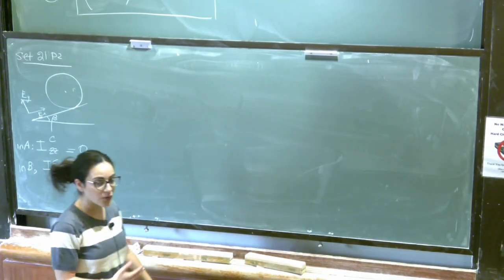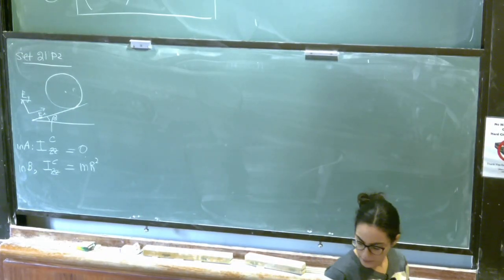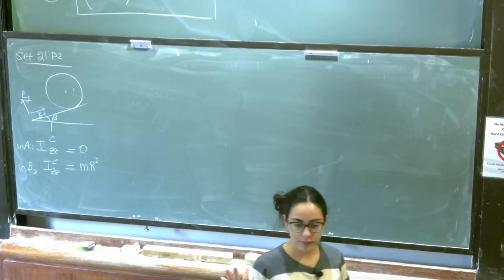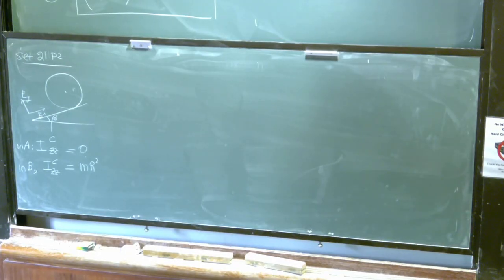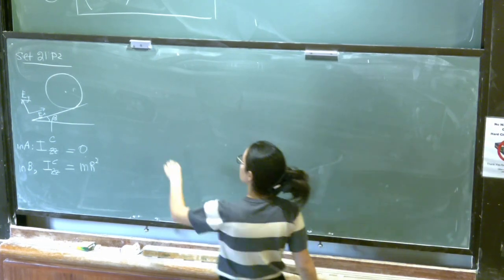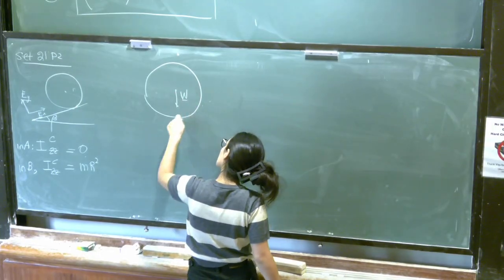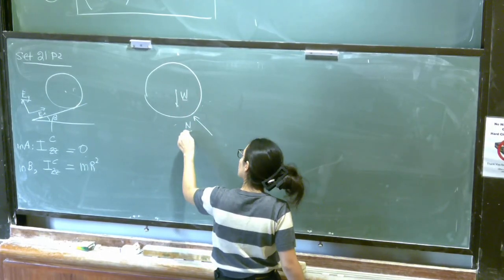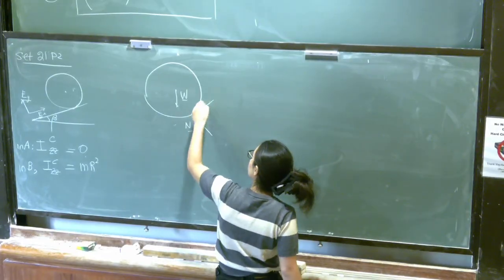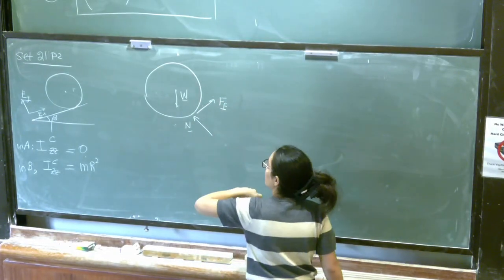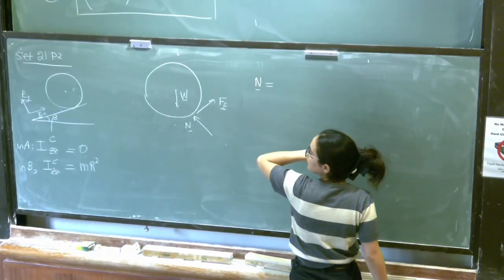Okay, what do I do next? I want to solve for the angular acceleration alpha first of the wheels. What do I do? Balance of angular momentum. Okay, let me draw the free body diagram first, right? What are the forces acting on the disk? Weight, normal, and friction. So the normal is N EY.